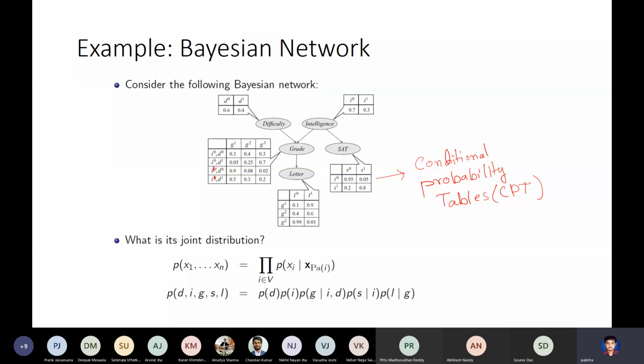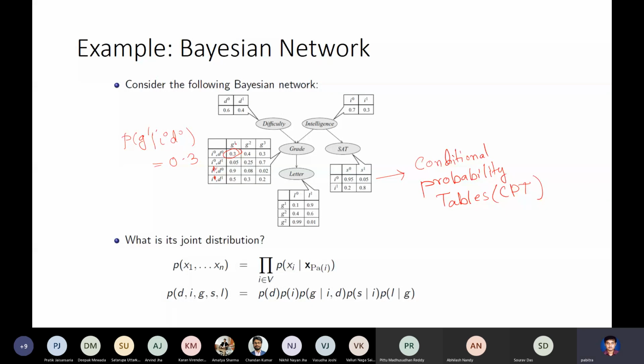Since the parents are binary, they can take four possible combinations of values. And what this conditional probability tells us is that this entry, for example, is the probability P(G1 given I0, D0) equal to 0.3. So this is the probability of the current variable taking on a certain value given a certain combination of the parents.